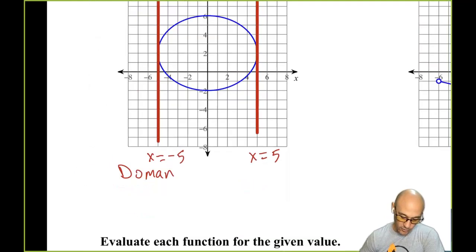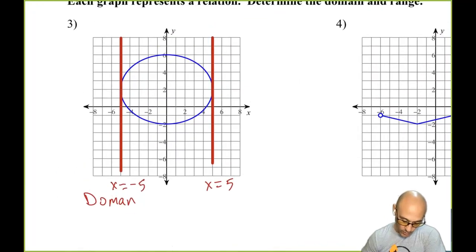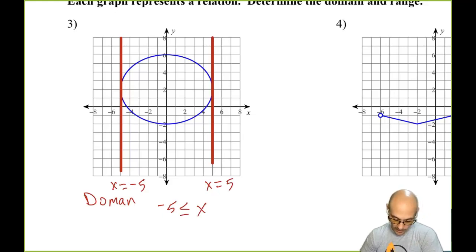And so that means that our domain goes from negative, well, I think there are a couple ways to do this. We're going to do it like this. -5 is less than or equal to x, and it's less than or equal to because it's there on that point -5, and that's less than or equal to +5.